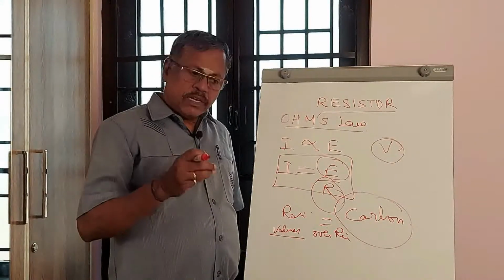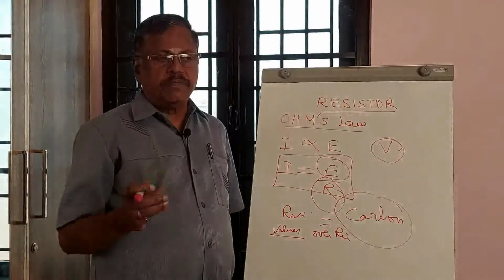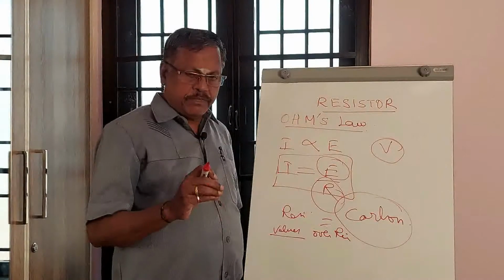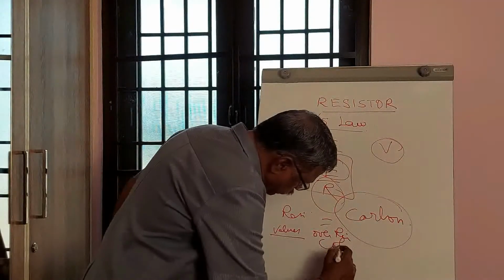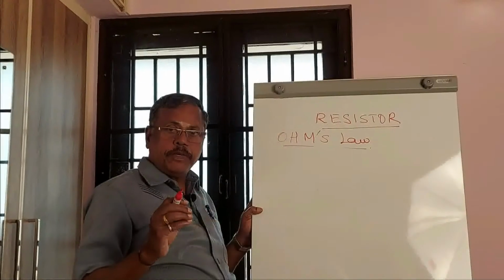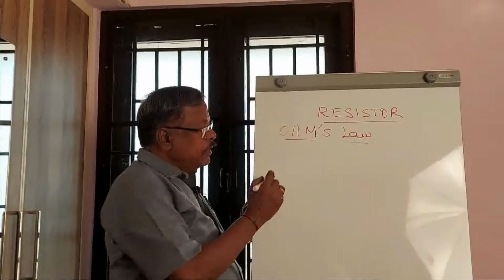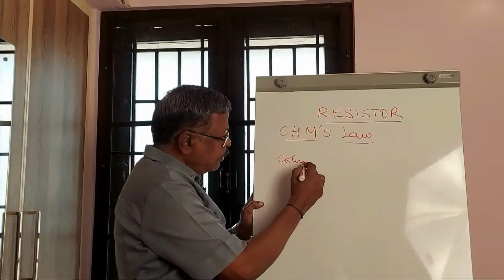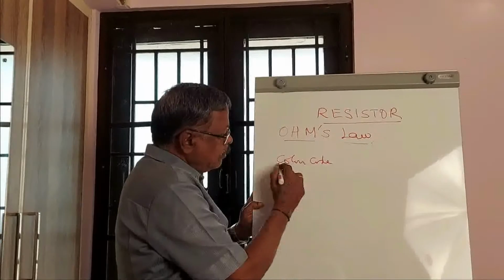Therefore, the conventional representation of the value of a resistor is a color code. The color code method is used. What is the color code?